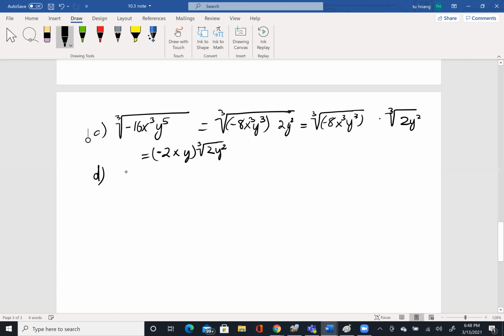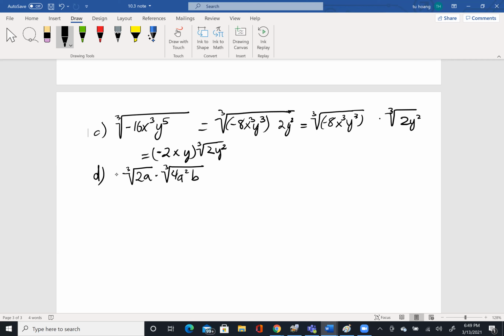Let's have another one: the cube root of 2a multiplied by the cube root of 4a squared b. So what now?